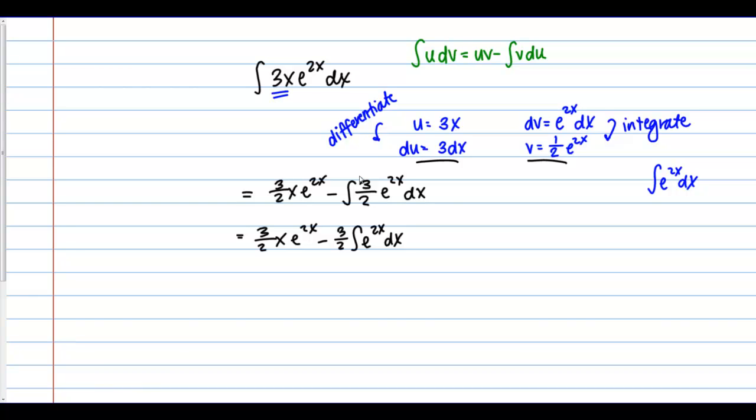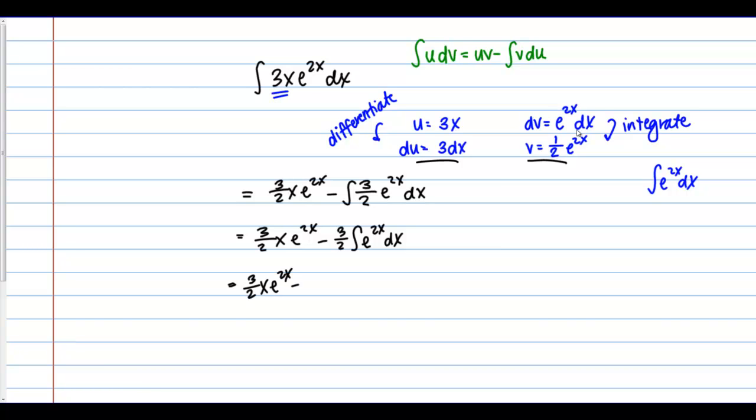Now, if I've made helpful choices for u and dv, this integral here in my new expression should be something that I can evaluate. And in my case it is. I've got the integral of e to the 2x, which I actually just evaluated a second ago. So then I can finish out the problem just by evaluating that integral.